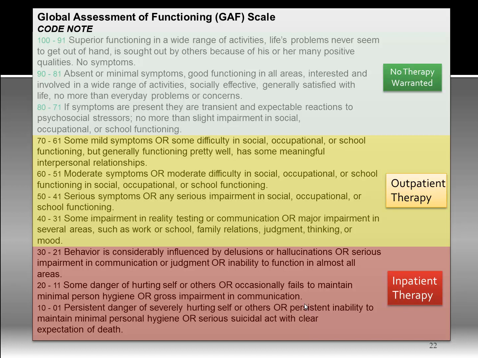When we move into the yellow zone in the middle, between about 31 and 70, this is the area where we start to look at maybe outpatient therapy would be warranted. And as you start to look at it, we're starting to get into some things that are leading to maybe stress and dysfunctional behavior, and not allowing them to live a healthy, normal life.